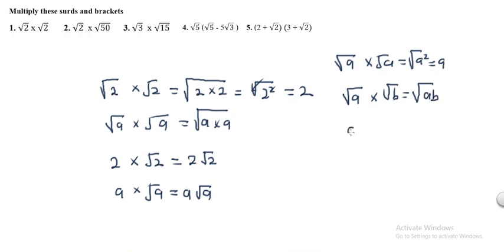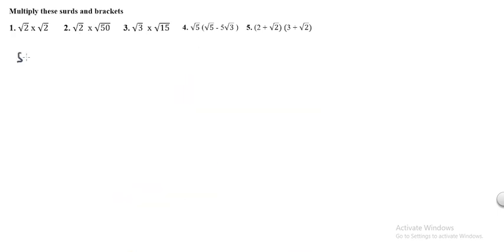And then finally, if you have a number multiplying a surd, you get something of the nature of a root b. These are the key surd rules you consider when you're multiplying surds. Let me clean up space and then let's jump into these examples. So solution, the first example we are told to do is to solve root 2 times root 2.